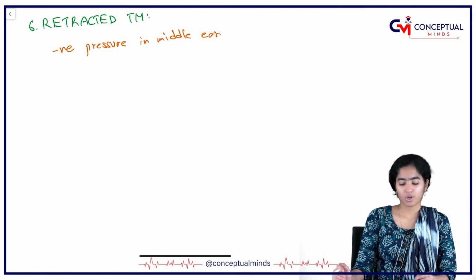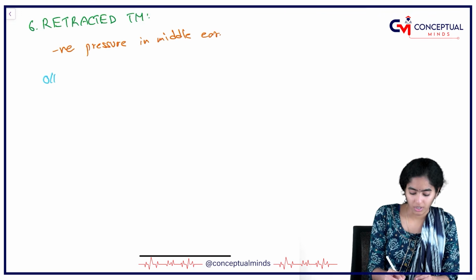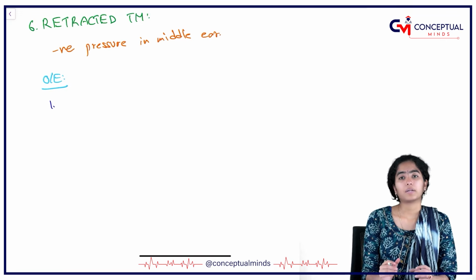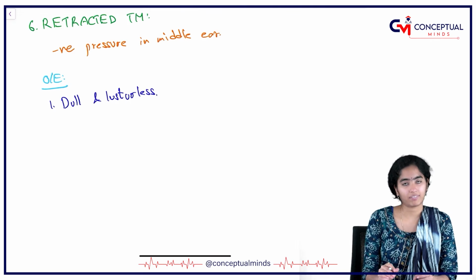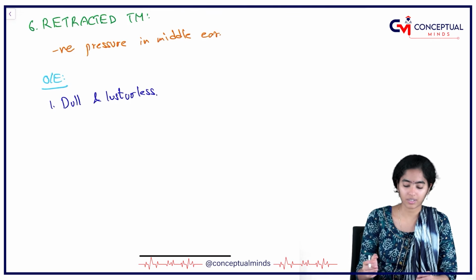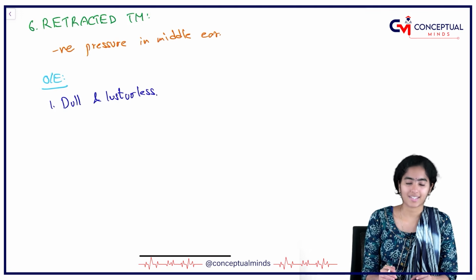And the features of a retracted tympanic membrane are, upon examination, what we find is, first, the membrane becomes dull and lusterless. Normally, the tympanic membrane is shiny and pearly white in color. Upon retraction, it will become dull and lusterless.